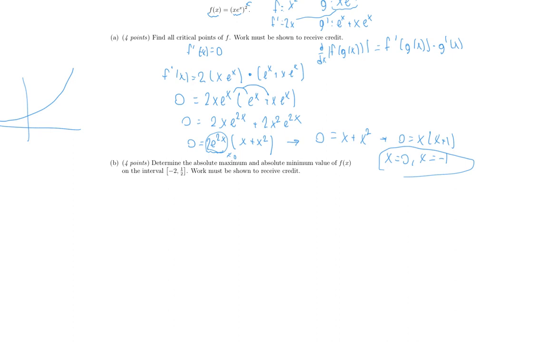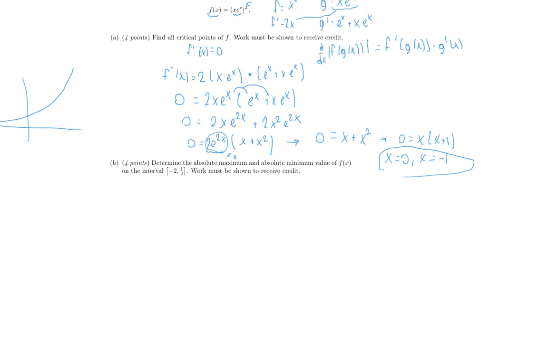So now we determine the absolute maximum and minimum of f of x in the interval -2 to 1/2. Well, whenever we do that, we're going to check our critical points and we're going to check our endpoints. And we're going to see what the values are at each of those.